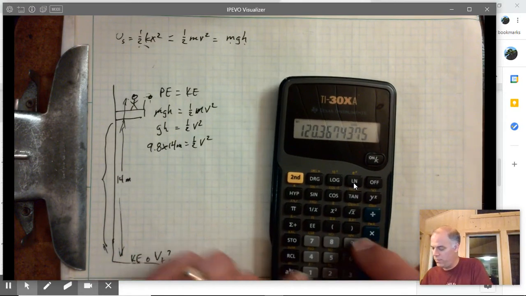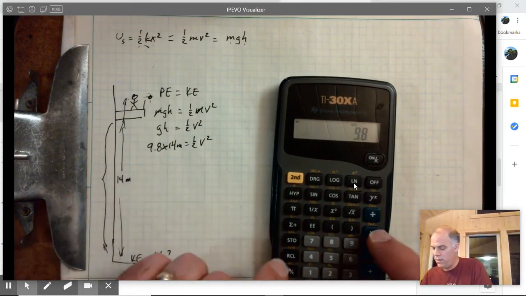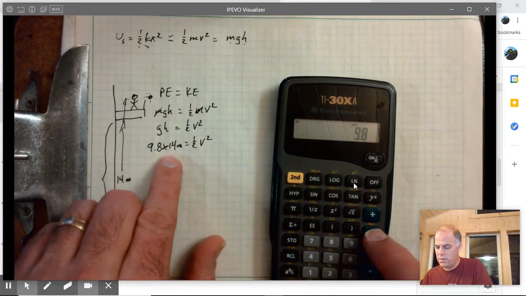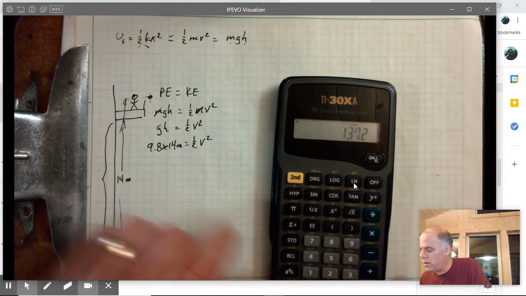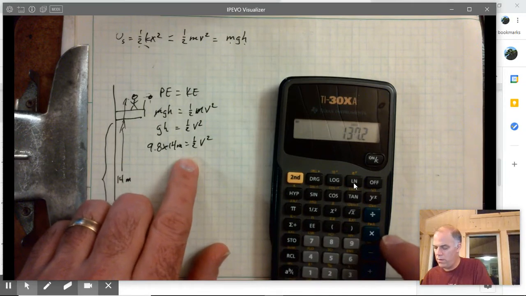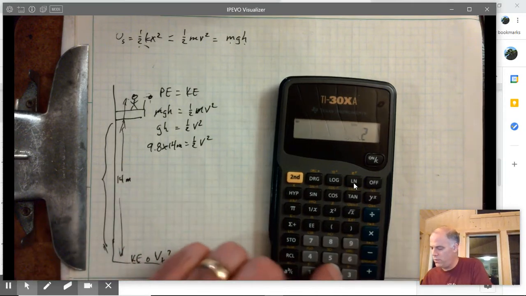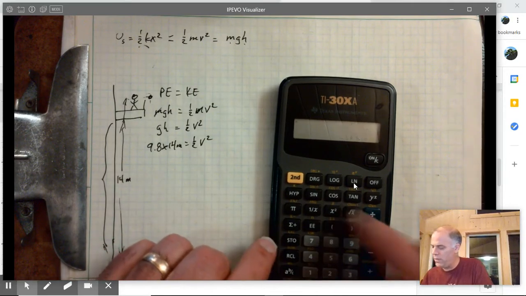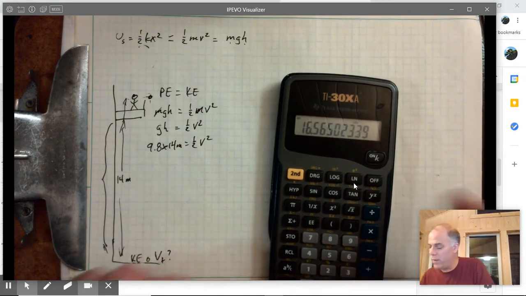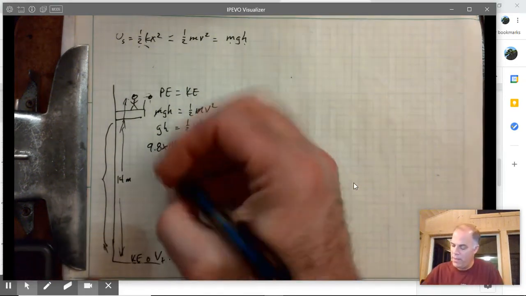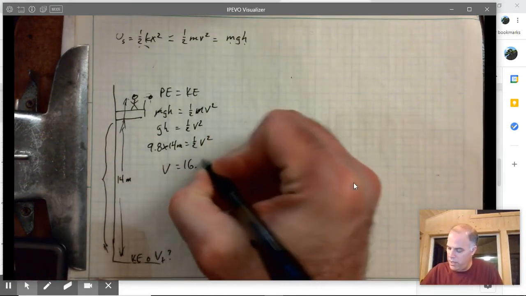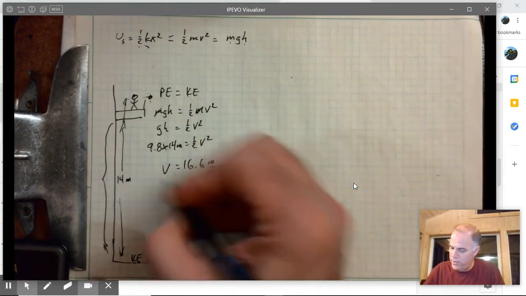I hit a wrong button someplace. 9.8 times 14. There we go. Yeah, actually, that is right. Times 2 equals 274. We take the square root of that. Okay, yeah, I did hit a wrong button. So 16.6. So v is equal to 16.6 meters per second.